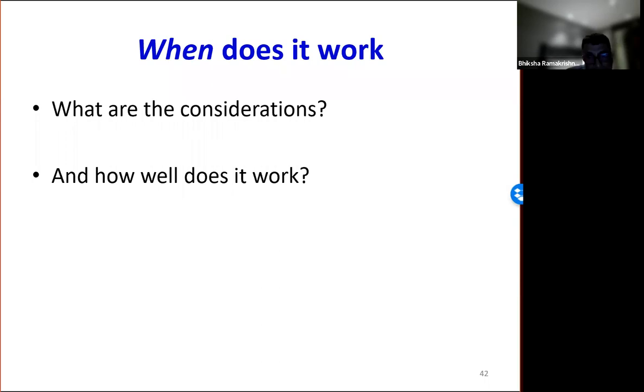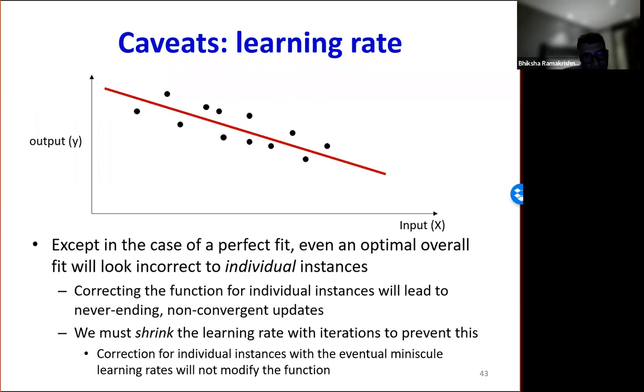Now that's a high level explanation. But what considerations must we take and how well does it work? Going back to the comment that one of you made earlier: except in the case of a perfect fit, even an optimal overall fit is going to look incorrect to individual instances.